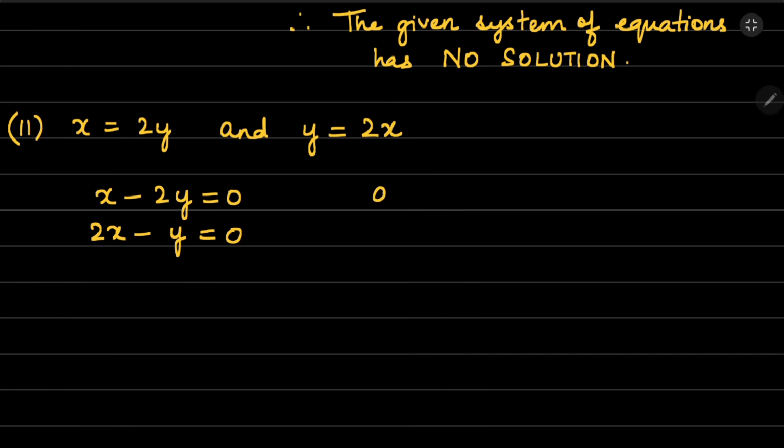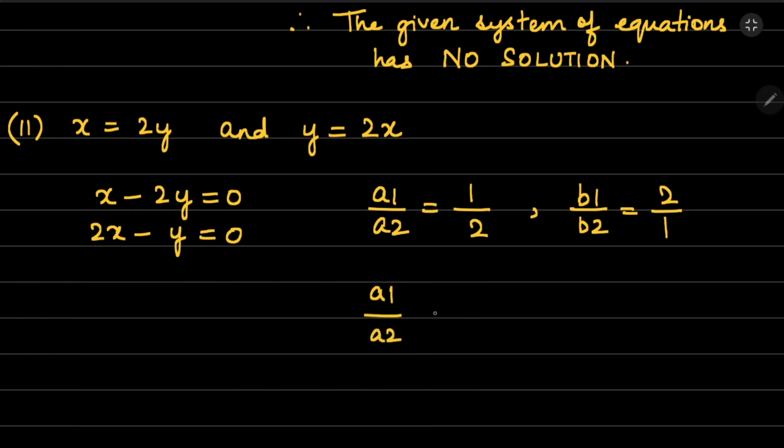When I take a1 by a2, the coefficient of x, it is 1 by 2. What is b1 by b2? It is minus 2 by minus 1, or 2 by 1. Looking at these two ratios, we can see that a1 by a2 is not equal to b1 by b2. Therefore, the system has a unique solution.